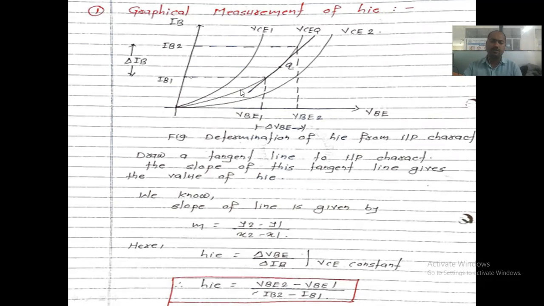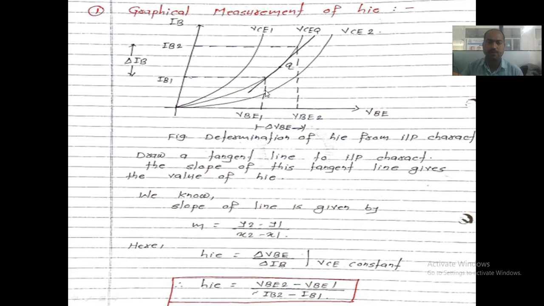First, let's see how the VC plots are obtained. We take the VC1 value as constant, and we increase the value of VB and plot the value of IB. In that case, your plot is the VC1 plot.